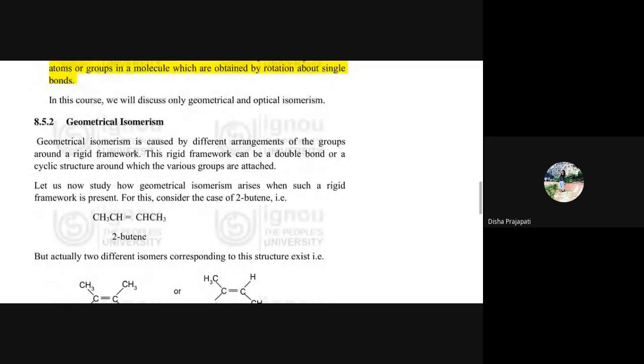Geometrical isomerism is caused by different arrangement of groups around a rigid framework. This rigid framework can be a double bond or a cyclic structure around which the various groups are attached, such as 2-butene. The double bond is present in between, but actually two different isomers corresponding to the structure can exist.